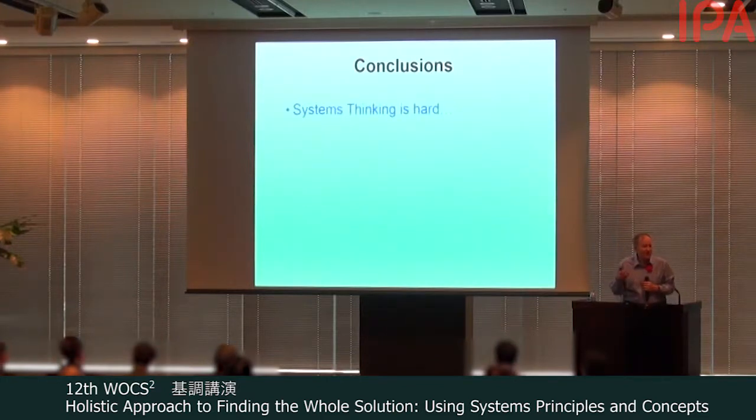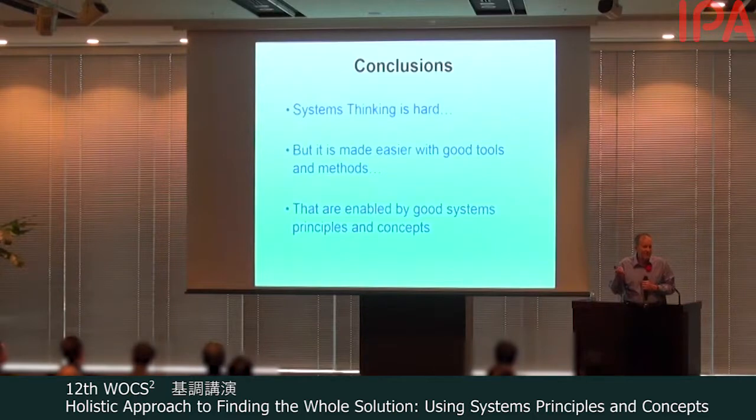So this morning I talked about, first, the PICARD theory: parts, interactions, context, actions, relationships, and destination. So that is a tool, a lens by which you can better see the whole system. System thinking is hard, but if you have good tools and methods, honoring good system principles and concepts, then you have a better chance of having more holistic solutions to the complex problems we have today.